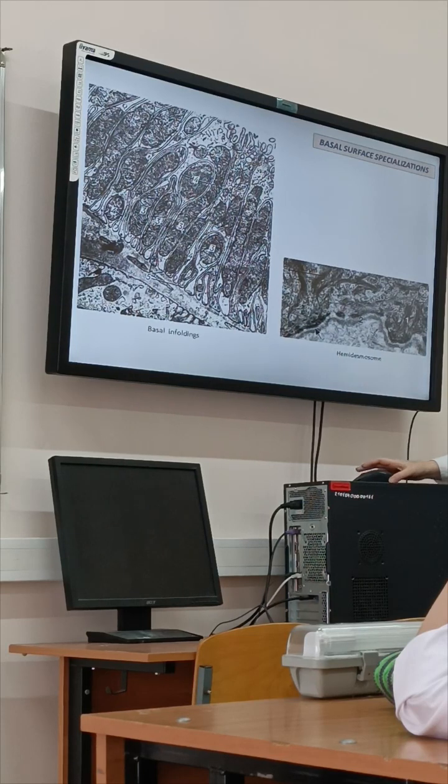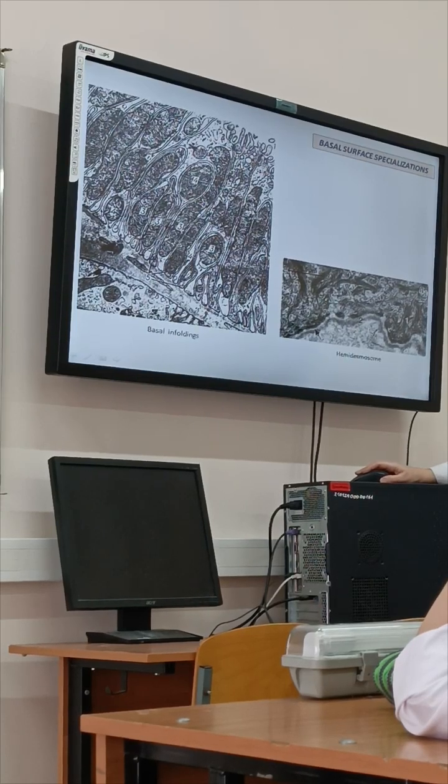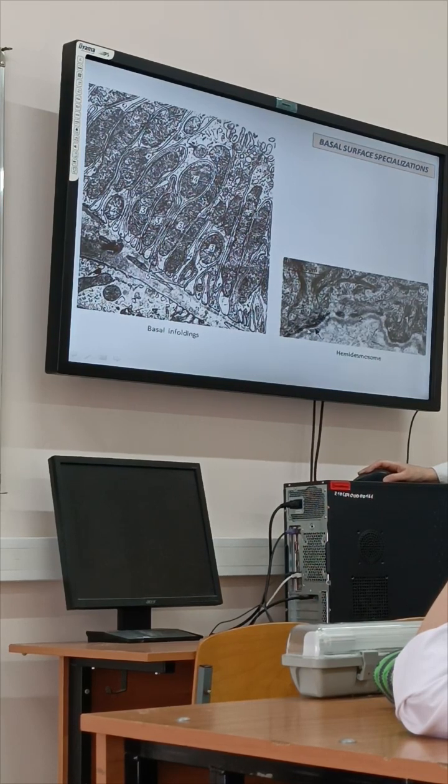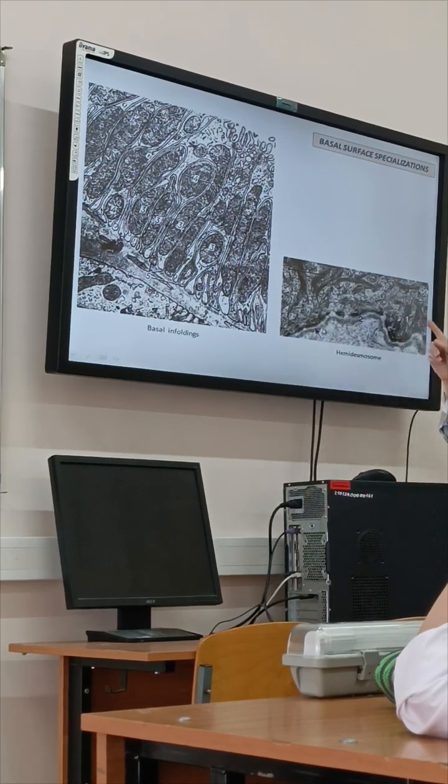Basal surface visualization. We can see basal enfoldings, necessary to increase cell surface for transportation, and also hemidesmosome junctions that join the cell to the basement membrane. For example, this is the cell membrane, this dark gray line is the basement membrane, and the cell anchors to the basement membrane using one half of a desmosome.